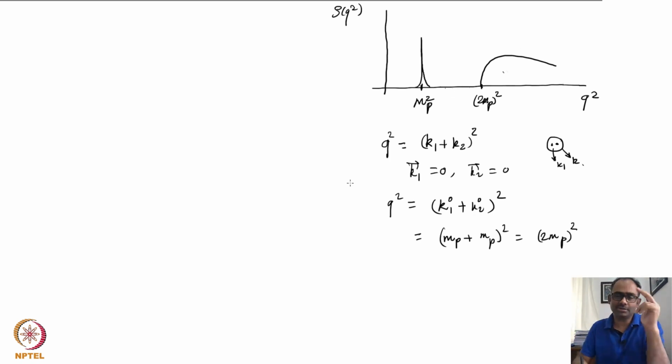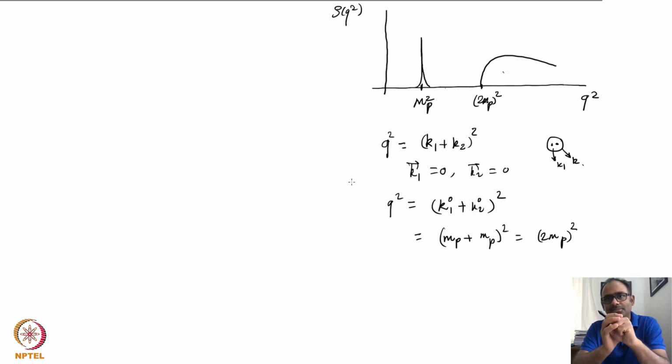Now it is still possible that in a general theory which you are doing, you have bound states. For example, if you are doing electrodynamics, you can make atoms, right? Or even let's say an electron and a positron, you can form a bound state.